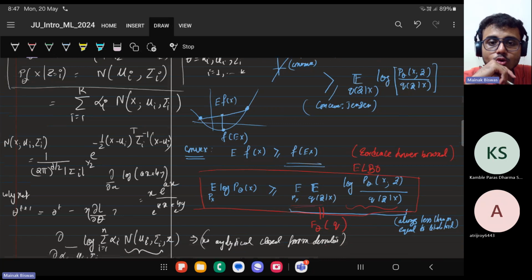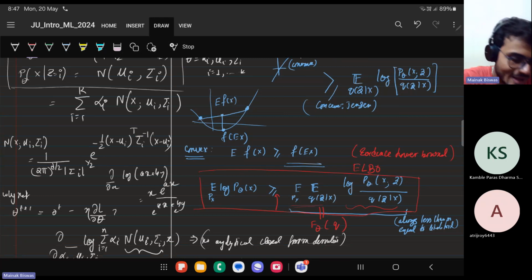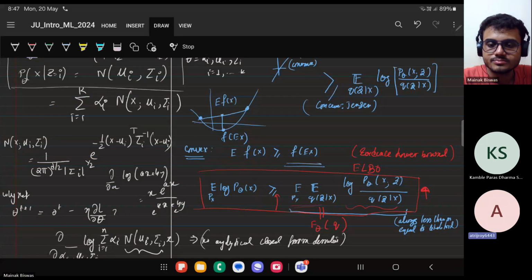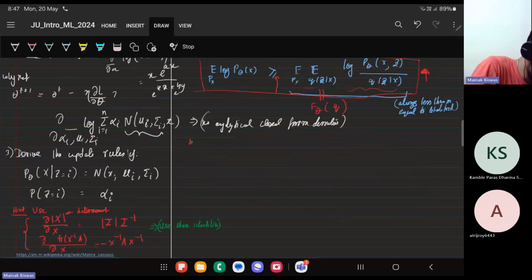But then what do I have to do? I have to make F theta of q equal to the log likelihood, right? I have to match the equality. I cannot just be somewhere lesser. I have to be equal to the log likelihood. I have to maximize the right hand side, correct? So this is what is done. The ELBO has to be maximized to maximize the log likelihood.